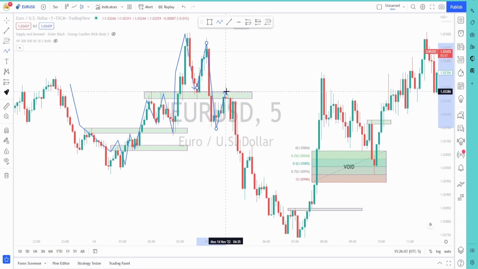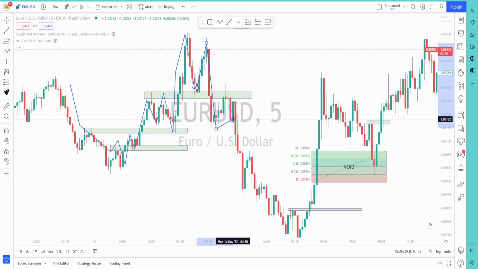You can see that price at this point made a decision to change direction. We don't know if it's going to continue that way, but it broke below this area, came back up and retested the area, and you can see this long wick pushing the body down, suggesting that price may go down.